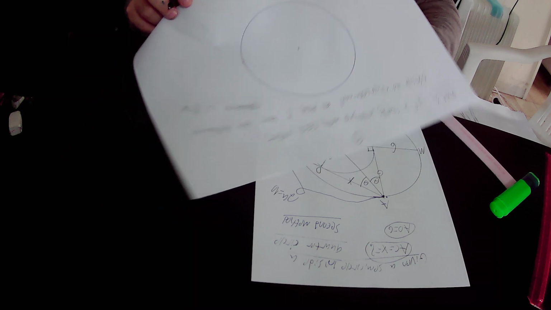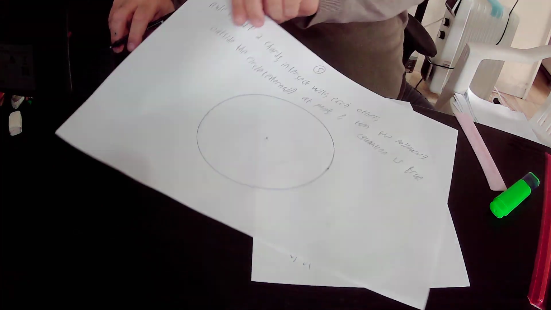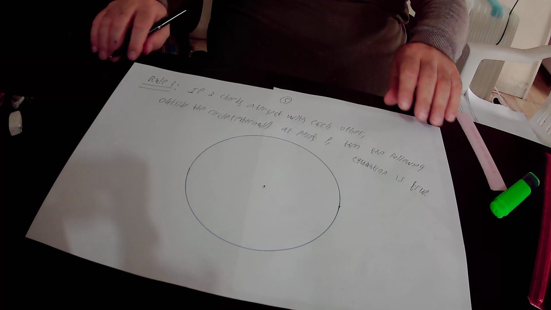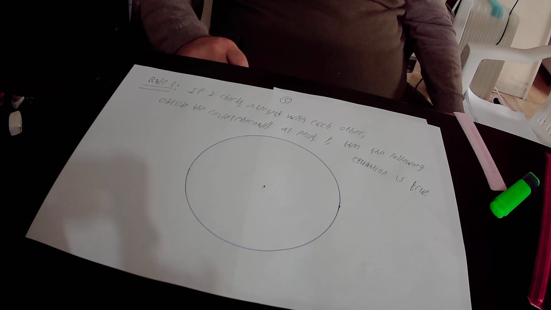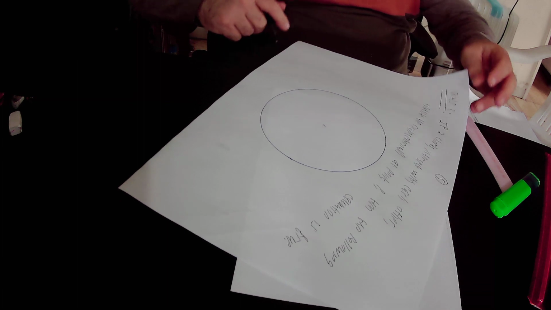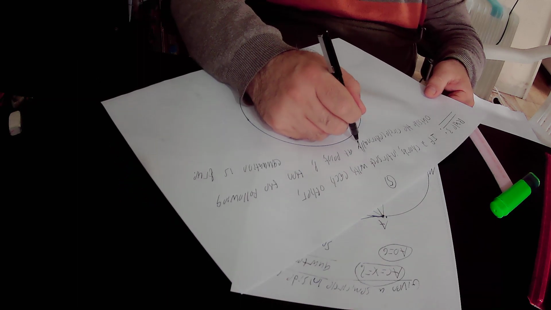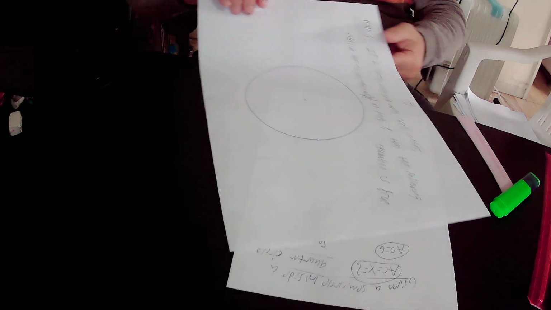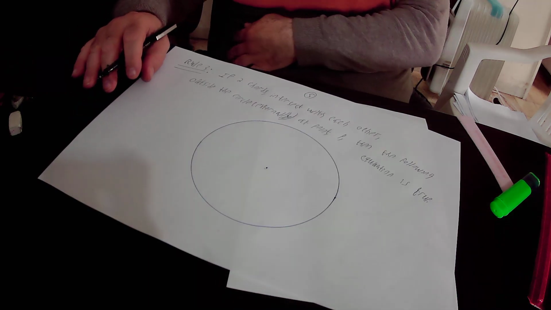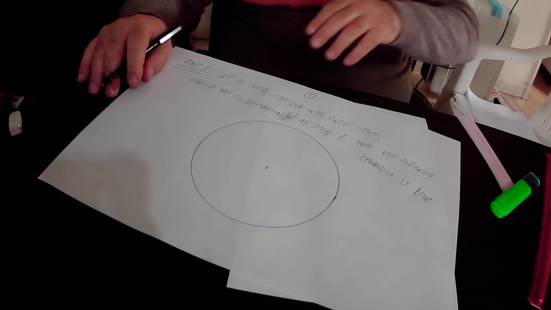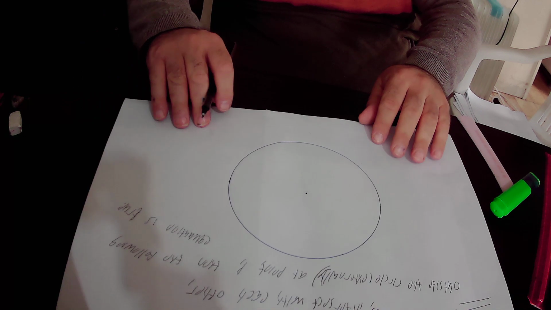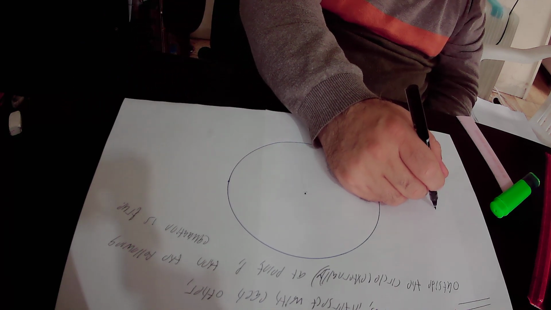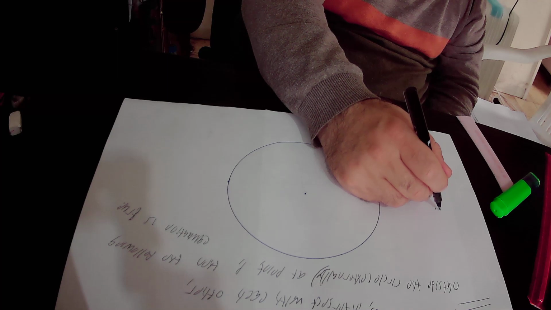So I read rule number 3 again. According to rule number 3, if two chords intersect with each other outside the circle, that is to say, externally, at point P, then the following equation is true. So here we have point P, the external point of this circle. Point P is the intersection point of the two chords.